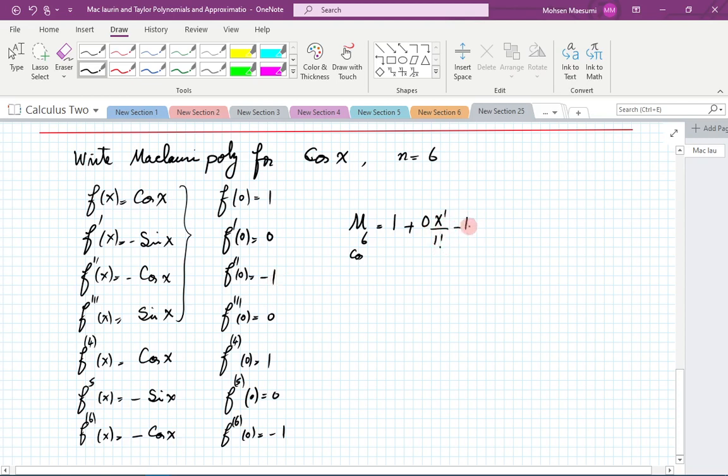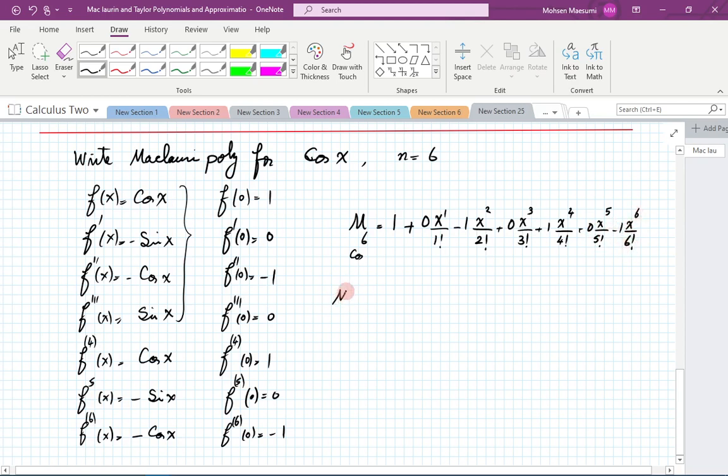Next is minus 1 that has to multiply by x^2 over 2 factorial. Next is 0 multiply x^3 over 3 factorial. Next is 1 x^4 over 4 factorial, 0 x^5 over 5 factorial, and then finally minus 1 x^6 over 6 factorial.